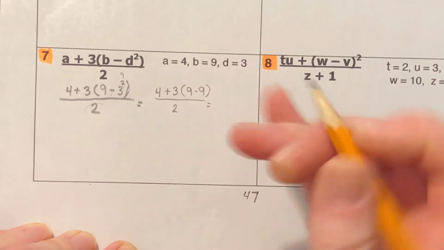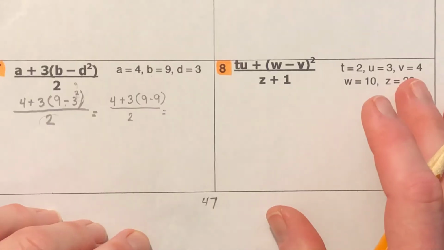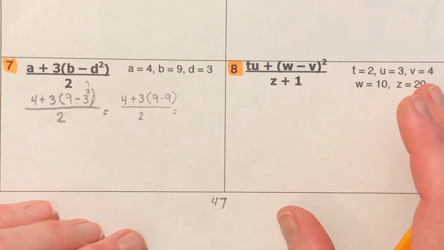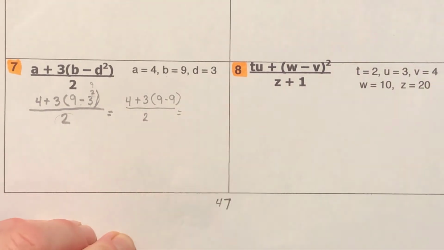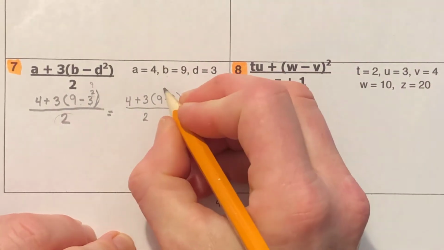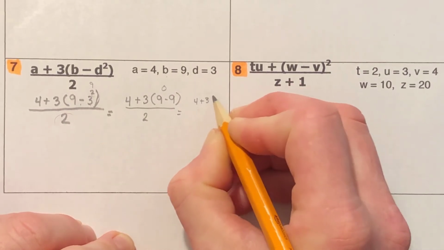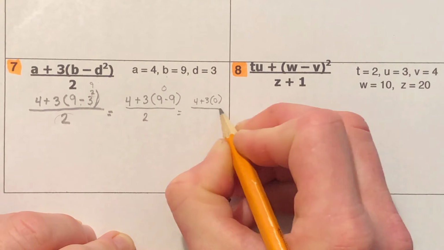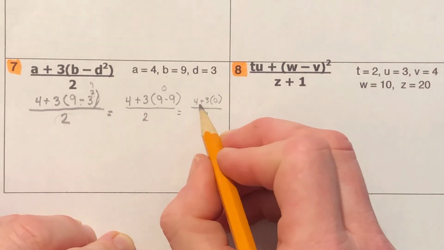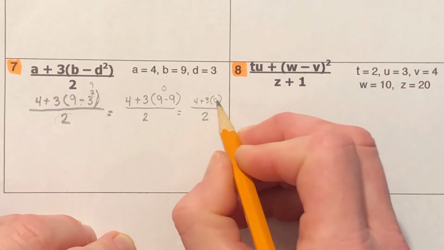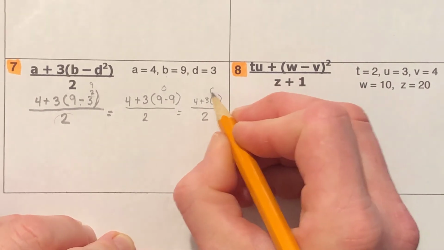I'm going to rewrite it one more time over here. With fraction bars, I just kind of like going to the left. Okay, so inside the parentheses, we have a 0. So we have 4 plus 3 over 2. We've got plus and multiplication. We do multiplication first. That is a 0.